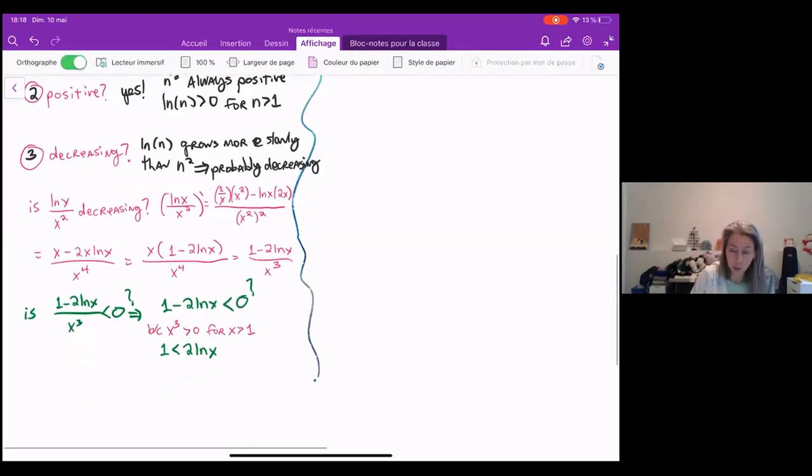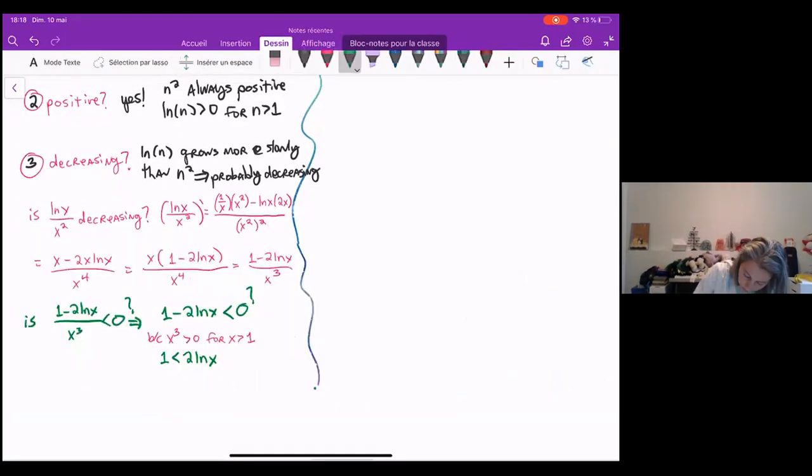We can see that this is true at this point, but we could also finish. So this is like saying ln x is greater than 1/2, which gives me x greater than e to the 1/2. So this is true as long as x is bigger than e to the 1/2.